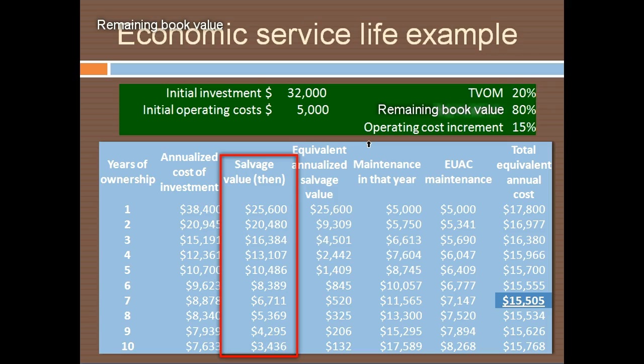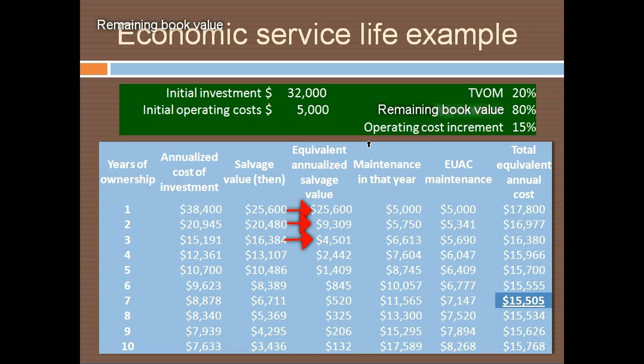So that's how much we would receive only once at the end of the years of ownership. However, since we receive this money only once, we need to translate that into its equivalent as if we were to receive this money at each one of the years.